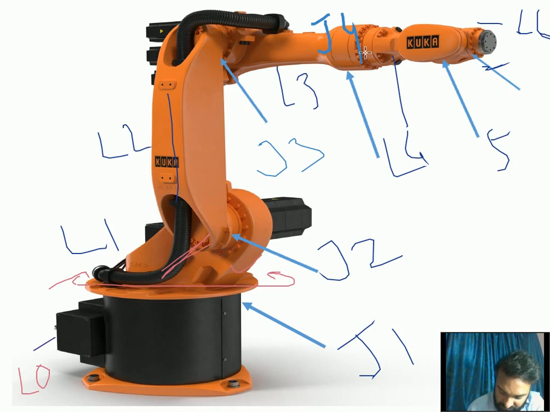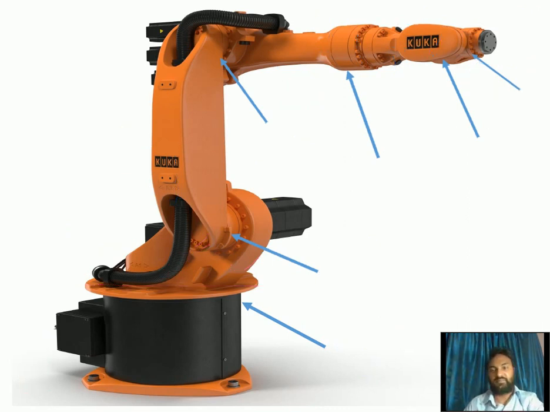Then link 4, link 5, here it is, that is joint 5. Link 5, link 6, here again there is another joint, that is joint 6. I hope it is clear to everyone. This was an exercise.